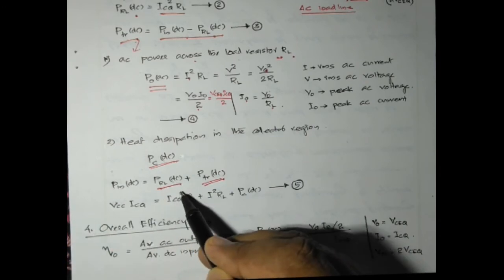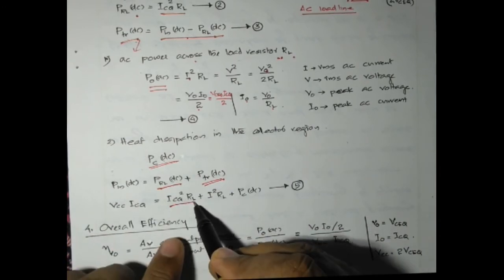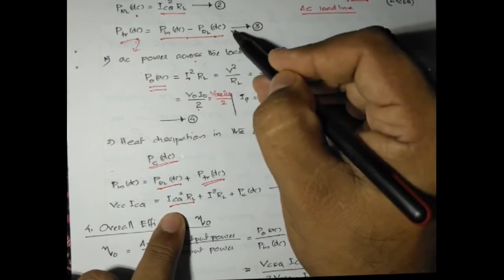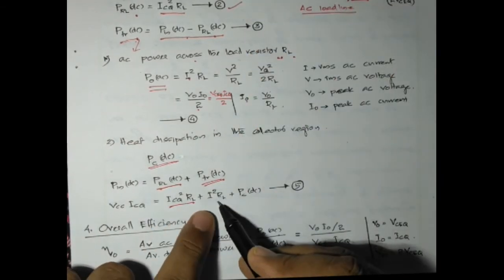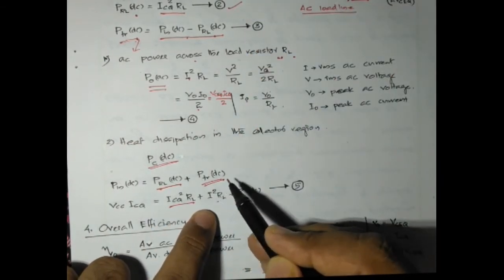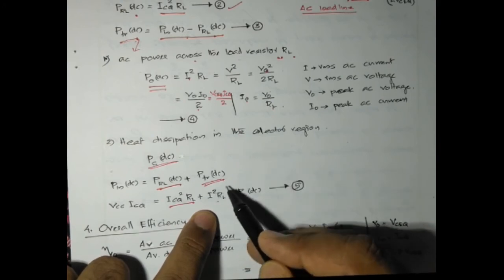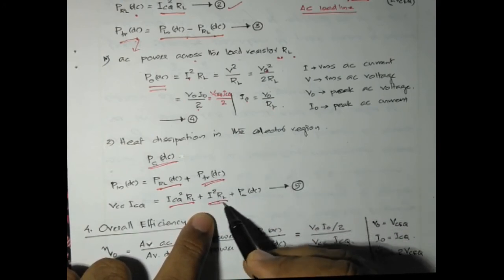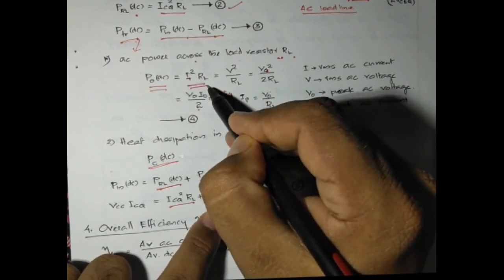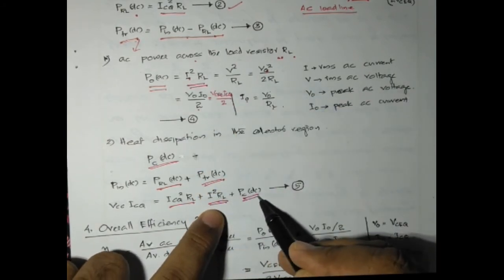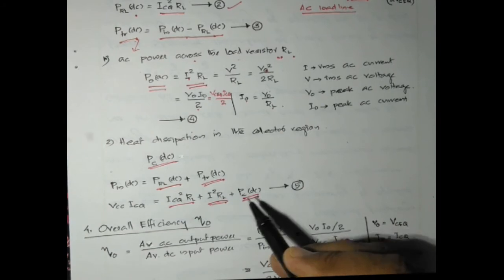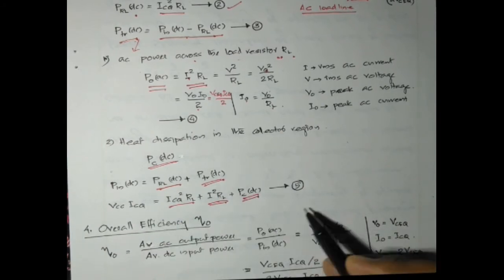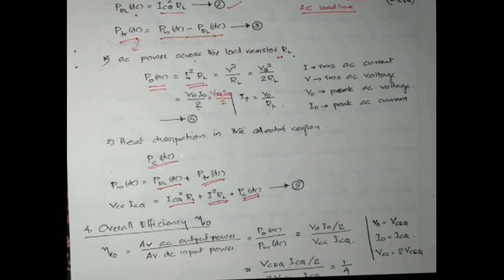And PRL DC is ICQ square RL from equation 2 plus P transistor DC, which has two parts. First part is the AC power generated across the load resistor, which is I square RL from here, and then the power which is dissipated in the collector region, which is PC DC. Put this as equation 5. So these are our relevant equations.